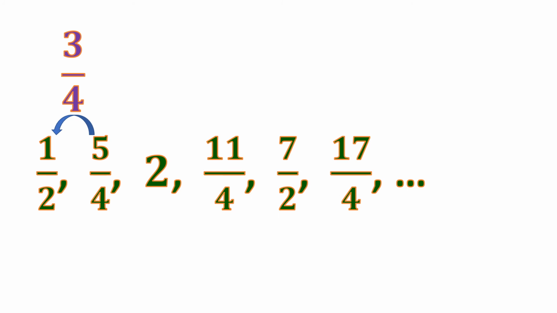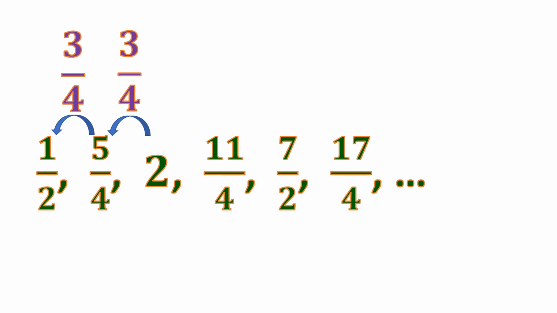Now we're gonna subtract the third term and the second term. So let's subtract 2 minus 5/4. The 2 you'll times by 4, so it becomes 8 over 4, so that it can be subtracted with 5/4. So 8 minus 5 is 3, so that is 3/4.